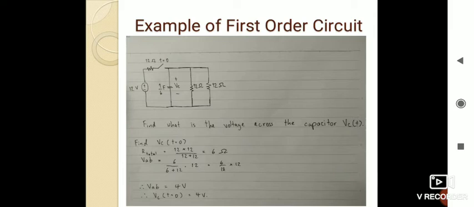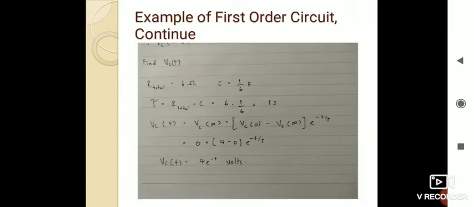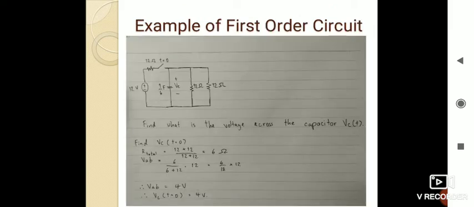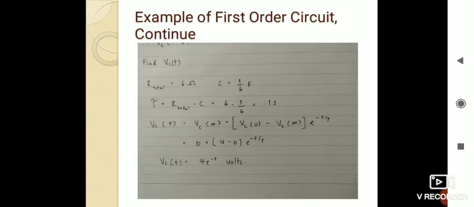After we get the result, we can use VC when t is equal to 0 to find VC(t). Alright, let us continue. Next, we find VC(t), which we will do using the R total that we got by wrapping up the two resistances at the right of the circuit, and we get 6 ohms just like we did.